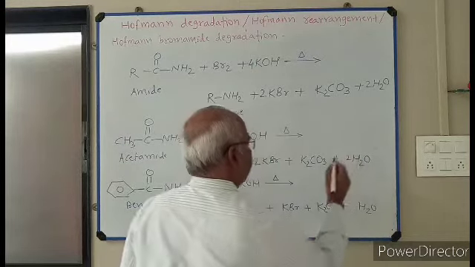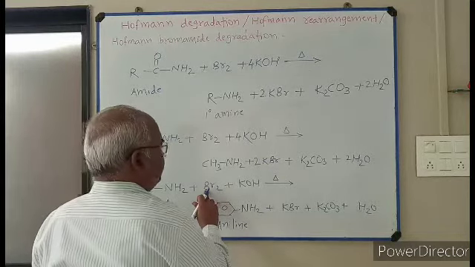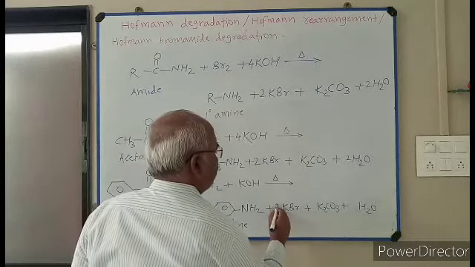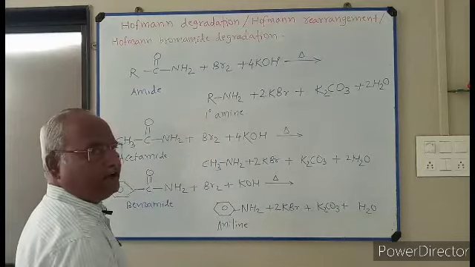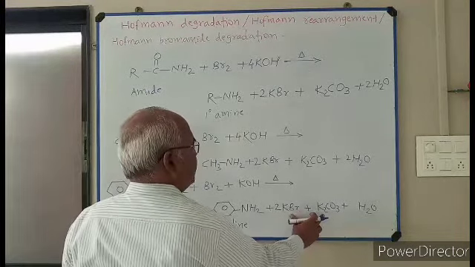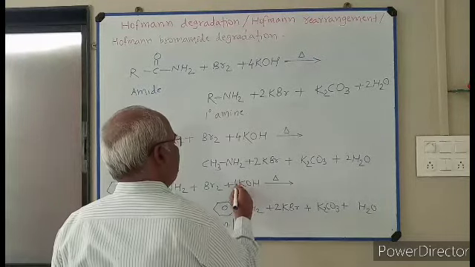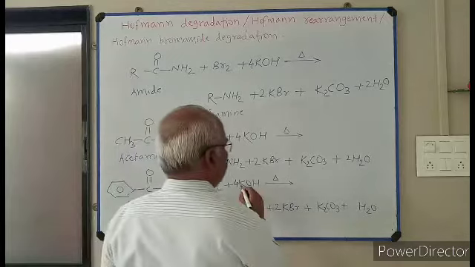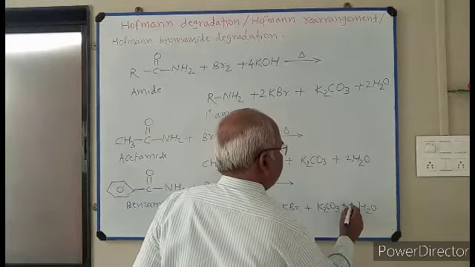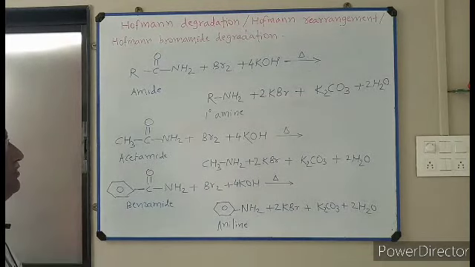Here, twice H2O. Balance this reaction. 2 bromine on the left hand side, therefore on the right hand side I take 2 times KBr. The number of potassium on the right hand side is 4, therefore 4 KOH. Oxygen 4, therefore I write here twice H2O. You check whether the equation is balanced or not.